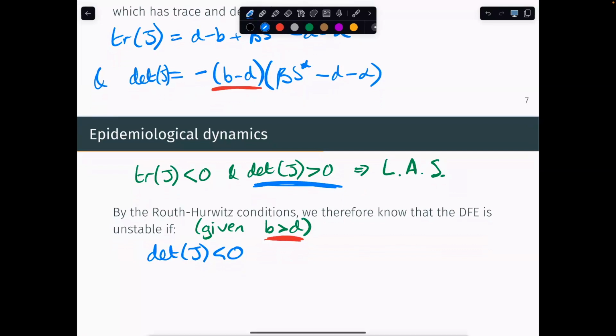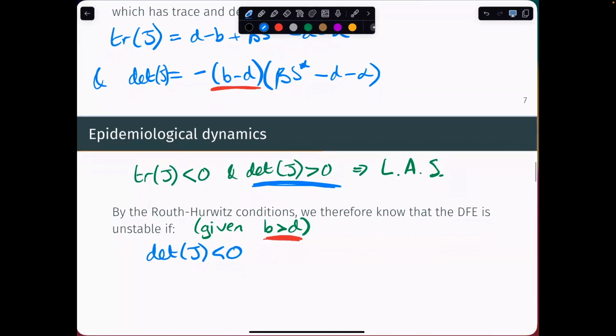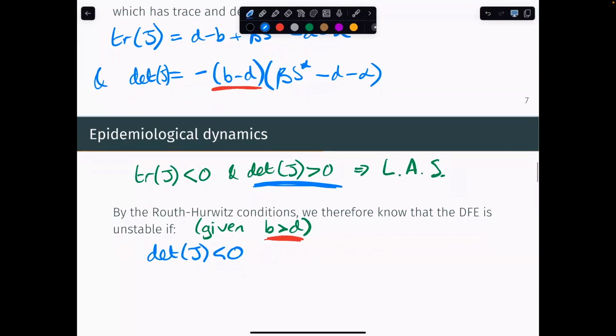We can also multiply throughout by this minus sign, so it's going to flip this round. We end up with beta S star minus D minus alpha has to be positive. So all I've done there is B minus D is positive, divided by that. We've got a minus sign there, so it's going to flip the inequality round.